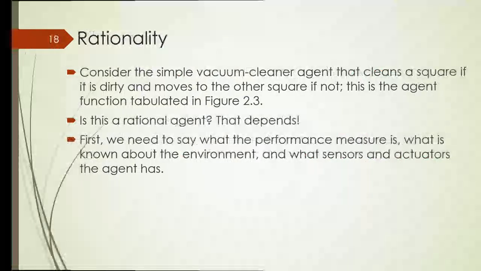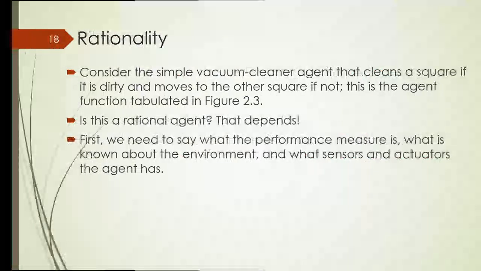The answer is, it depends, right? First, we need to say what the performance measure is, what is known about the environment, what sensors and what actuators, and how the agent behaves in it. With evaluation of all of those, we can talk about the rationality of this agent, not just based on what we think we have programmed.